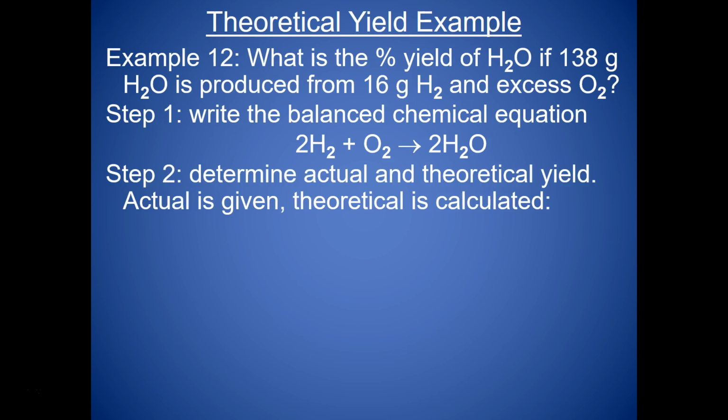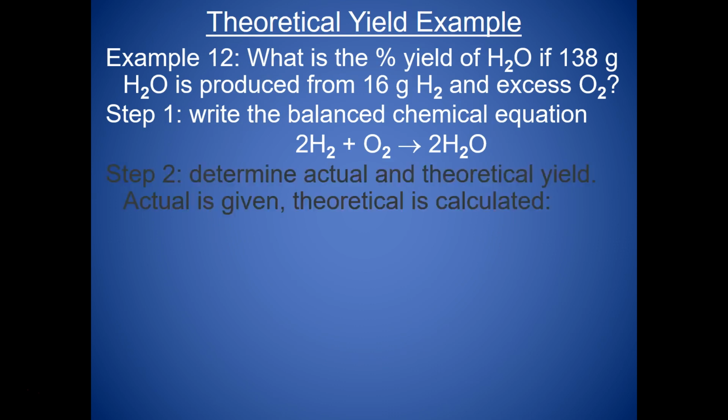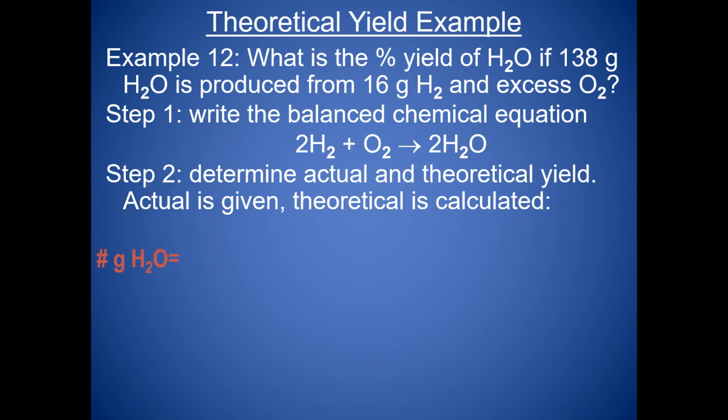In step 2, we're going to determine the actual and theoretical yield. Actual is given in our problem, and we need to calculate the theoretical, which you've already learned how to do. So we're going to take our number of grams of H2O, which in the case of our problem, we were told we have 16 grams of H2 as our limiting reactant because we're told excess of O2, so we know that's the number that we're going to use.